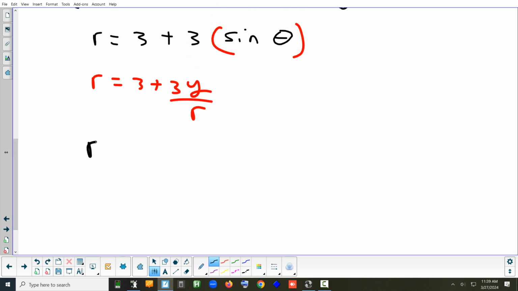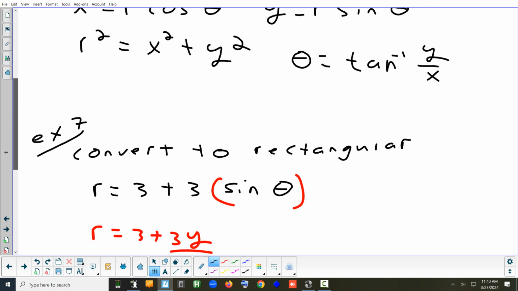R squared is equal to 3r plus 3y. Okay, so now we have r squared equals 3r plus 3y. Well, 3y is fine. We're allowed to have x's and y's. R's we can't. So let's go back up and see if we can find a formula for r squared.